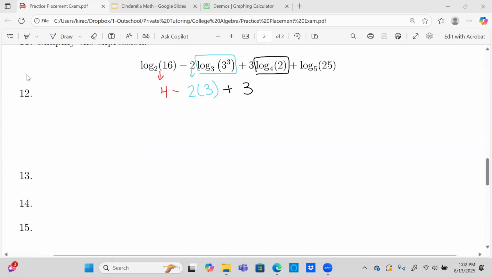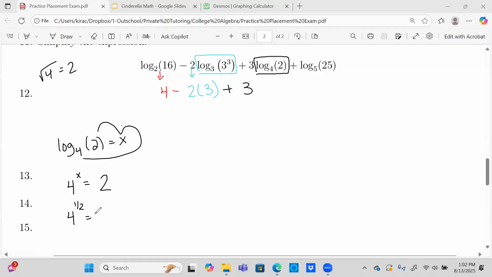So we have log base 4 of 2 is what? Heart. 4 to what power is 2? Well, if you think, you're like, wait, square root of 4 is 2, yes, and a square root is a half power. So 4 to the half is 2.